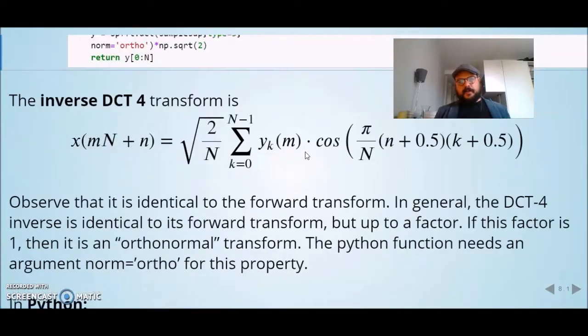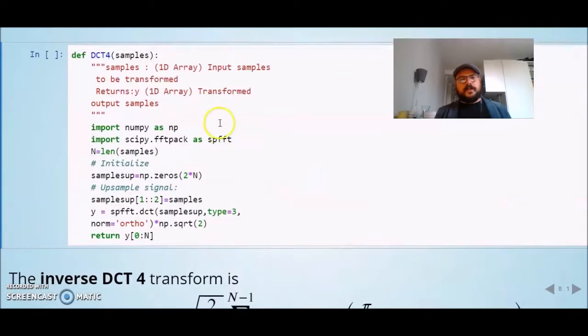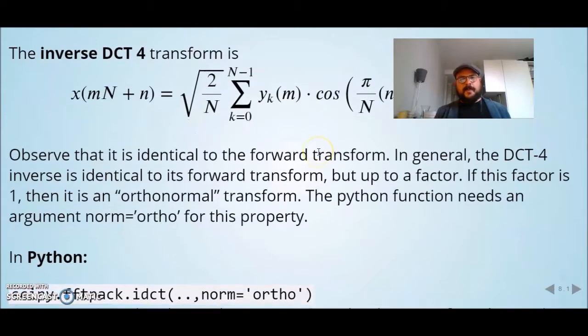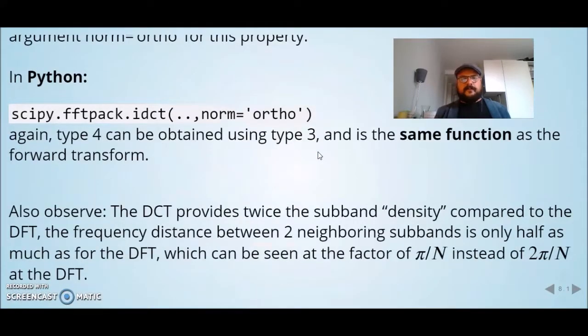We are having here this orthonormal transform, and we have that the inverse DCT4 is exactly like the forward DCT4, so we can use this definition for both the transform, the DCT4, and the inverse transform of the DCT4.